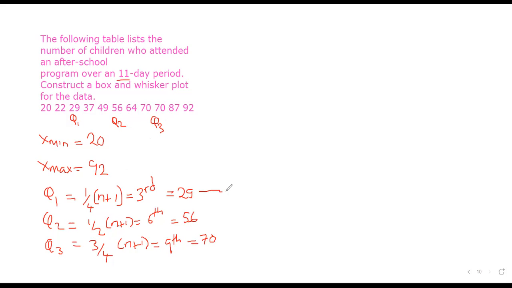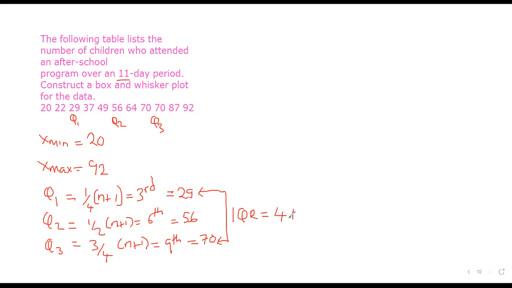The difference between these two, who can tell me? The difference between quarter 3 minus quarter 1, what is it called? Interquartile range. So to subtract 70 minus 29, what do we get? 41.